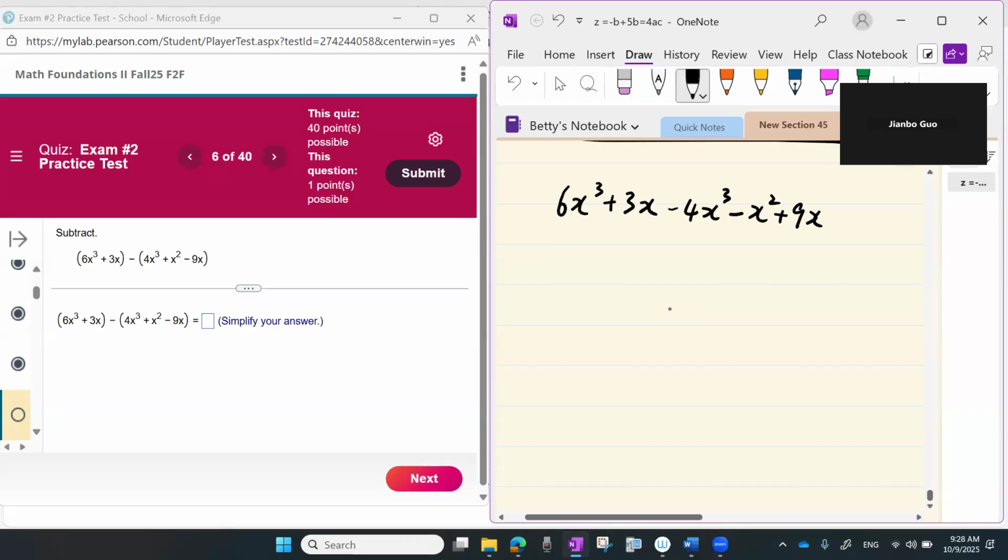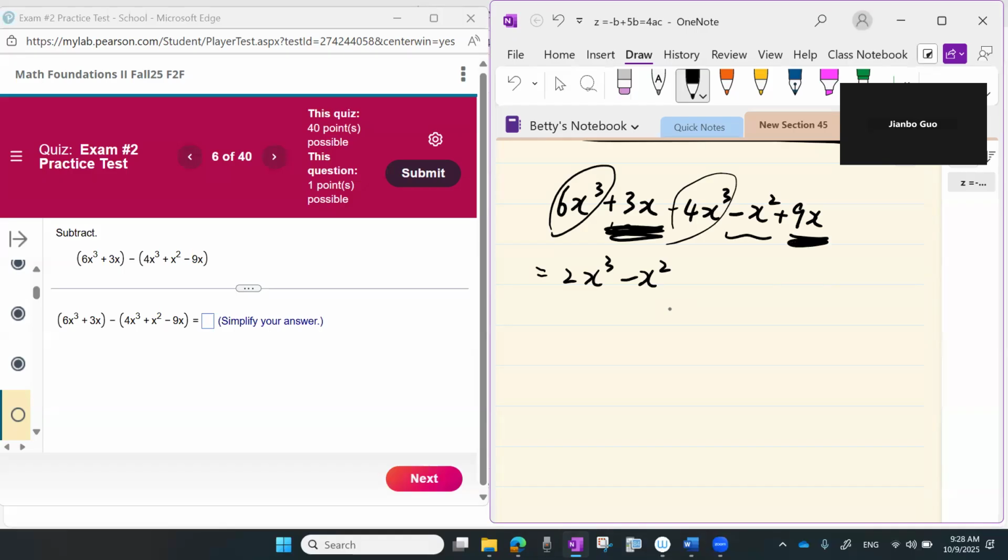So now we combine like terms. 6x cubed minus 4x cubed, that is 2x cubed. And we have negative x squared. Yeah, I purposely write the result in standard form. And 3x and 9x can be combined as 12x. So we covered all the terms.